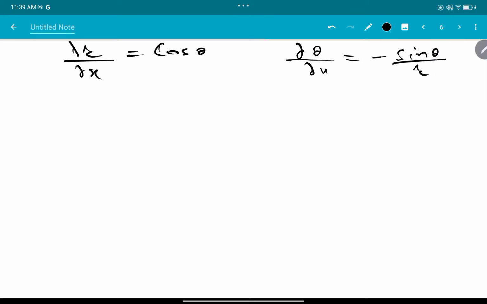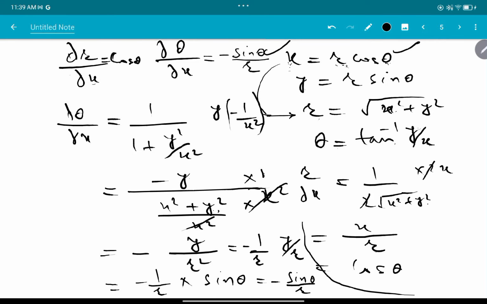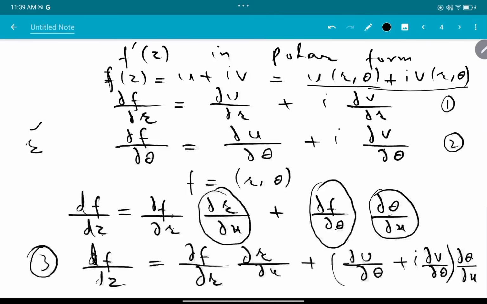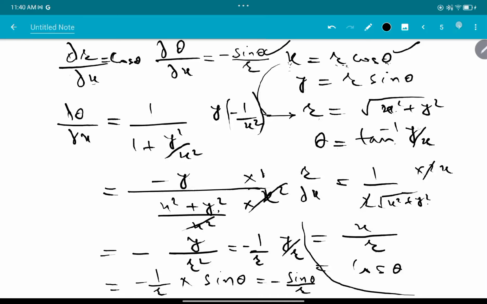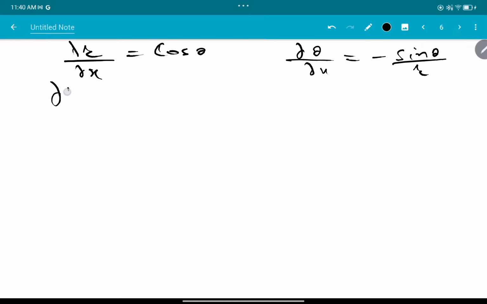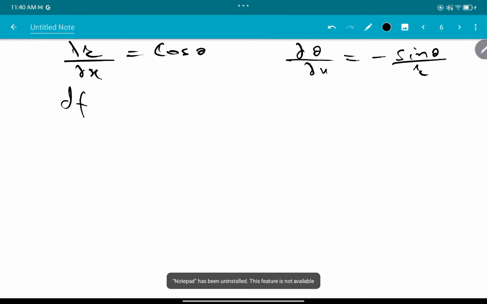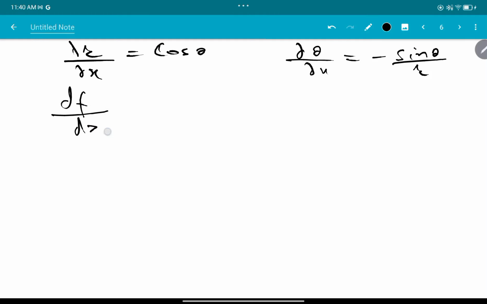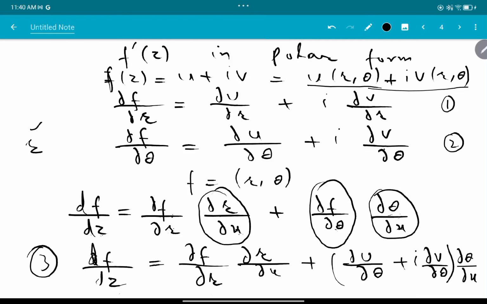Now substituting them in that equation, the last equation on this page, del f by del z is equal to del f by del r... sorry, it is not partial now, df by dz is equal to, once again we go back, del f by del r.